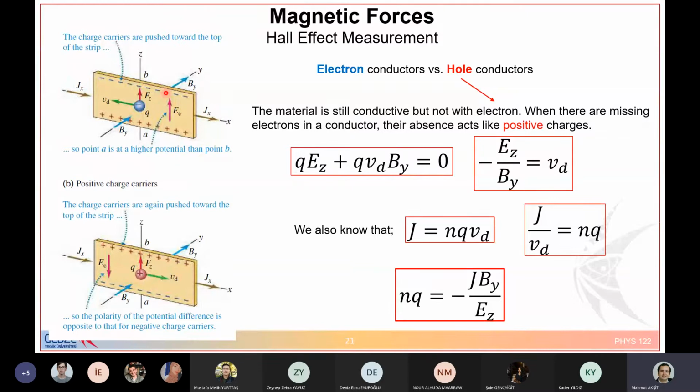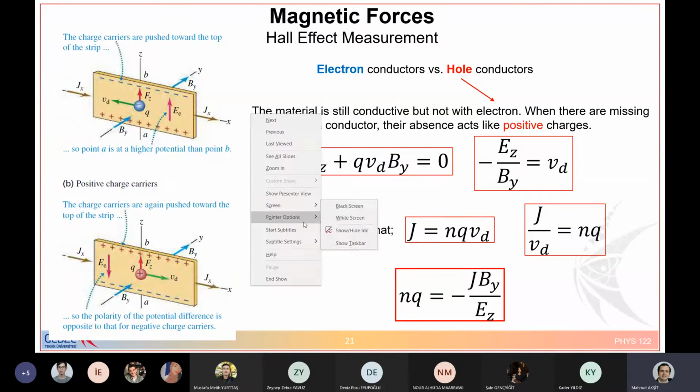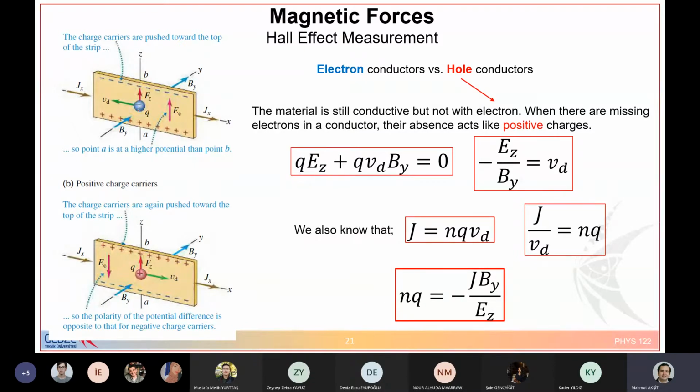Then the magnetic force for a positive particle would be in negative Z direction, but since it is an electron, the force Fz is in positive Z direction.